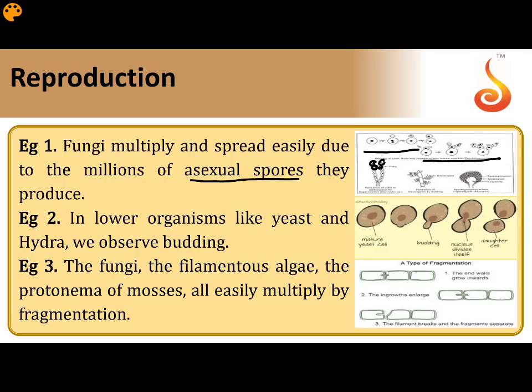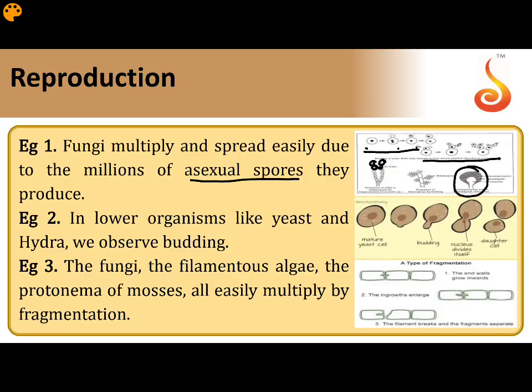These spores are grown in a structure which is a fruiting body. Based on the class of the fungi, the fruiting body also varies. But in general, all the fruiting bodies bear the fruit which we call spores, and each spore grows into an individual further.